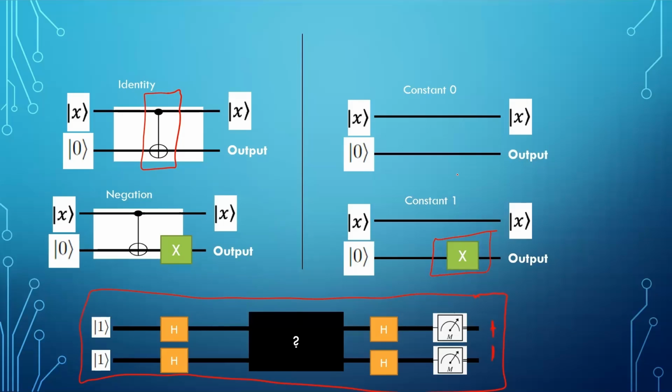So it might be a constant 0 or constant 1, but you will know this immediately with only one query. If on the other hand you got a 0, 1, not 1, 1, that means the one that's inside the black box is either the identity or the negation, which means it's a changing function. So let's test that this is indeed the case. To do this, we will go to the Qiskit lab and try to see the results.